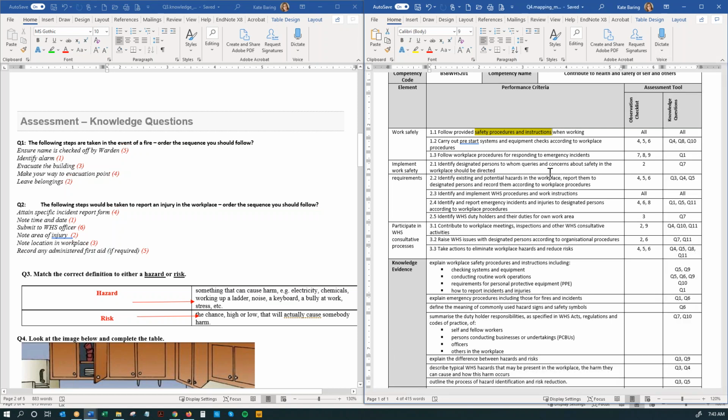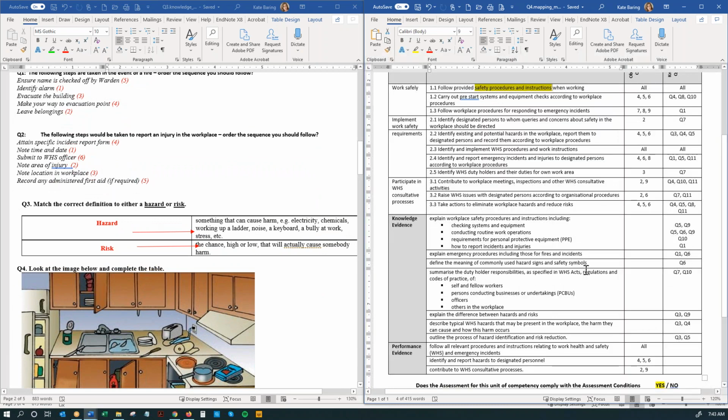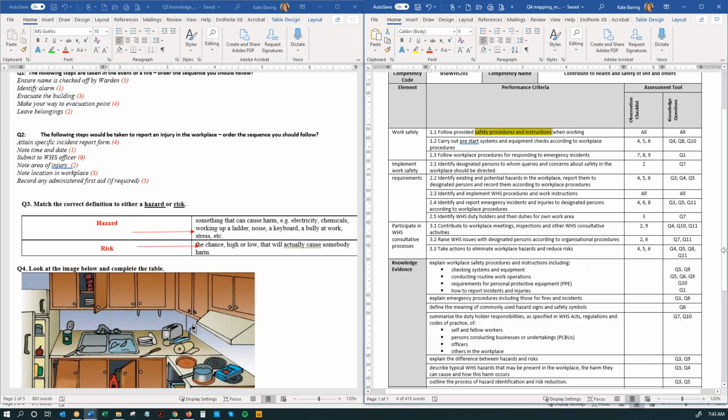At the end of the day, what you're looking to do is make sure that you've covered every single piece of knowledge requirement within the unit, and that you have sufficient coverage of it. You would always make sure that you have at least one skill-based observation component and at least one knowledge assessment component. Sometimes you'll have more, but you don't want to over-assess.